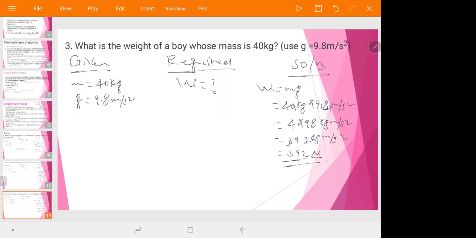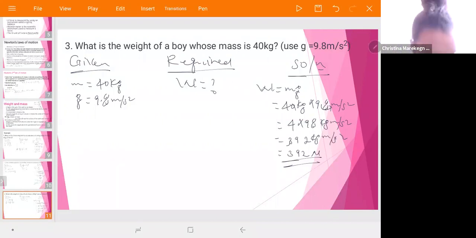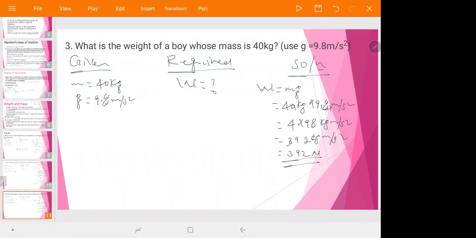This one is on the earth because the given gravitational acceleration is 9.8 meter per second square. If you calculate this on the moon surface, you can divide the calculated weight by 6, okay?